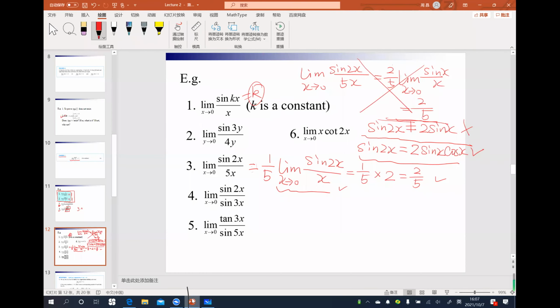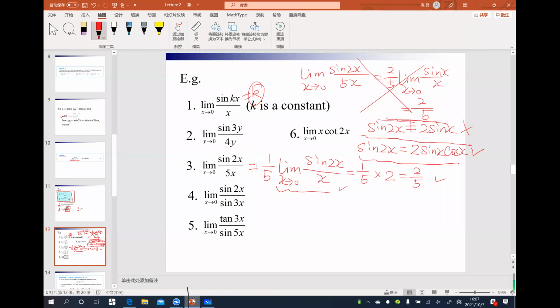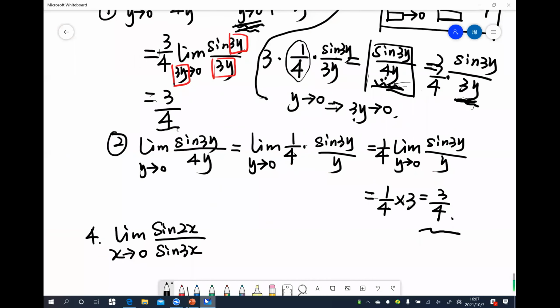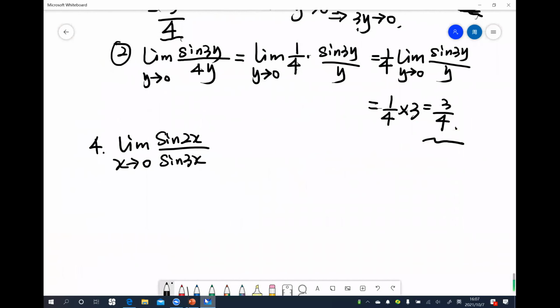Yeah, here you write sine 2x equals 2 sine x times cosine x. Yes, so for number 4, can I write sin 2x equal to 2 times cosine x? That is correct. Yes, but how can you get sine 3x?